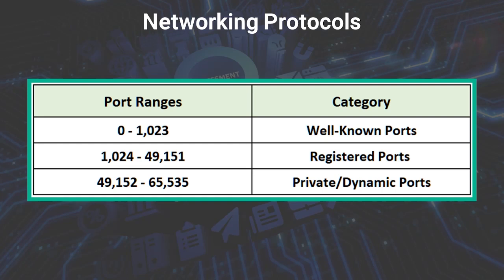And ports which range from 49,152 to 65,535 are what we call dynamic or even private ports. These ports are open temporarily to send data and receive data on a system.